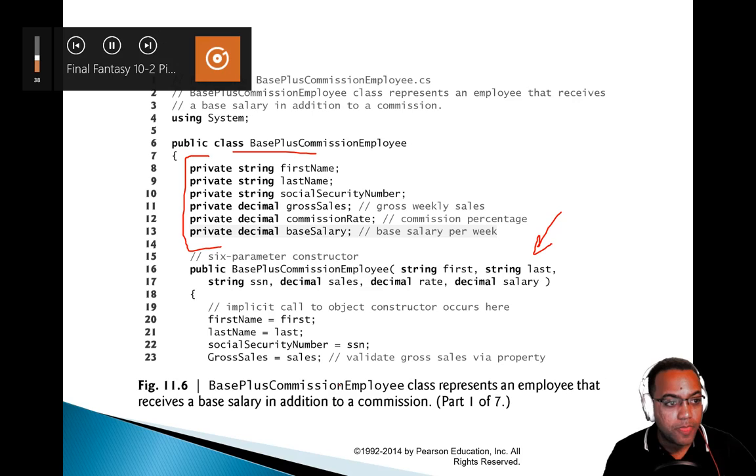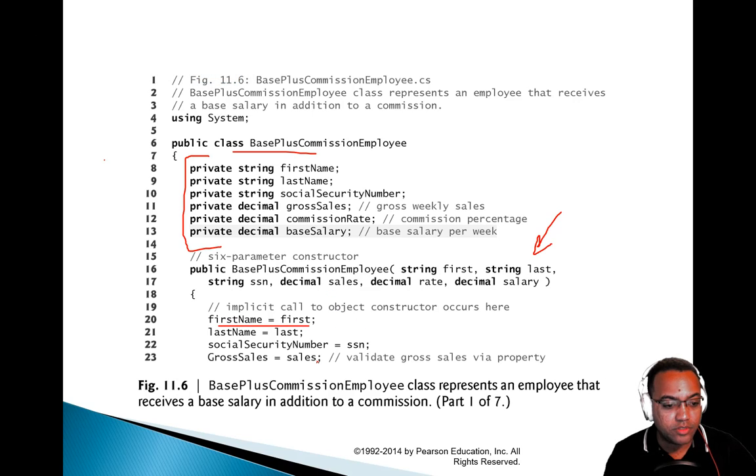And then it assigns first name, last name, social security number, gross sales, and the other two, commission rate and base salary. You just don't see it when the object is created.